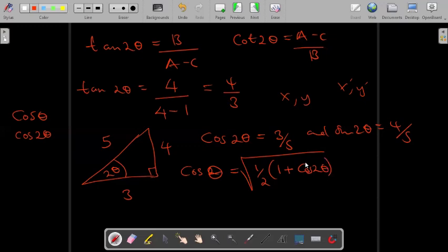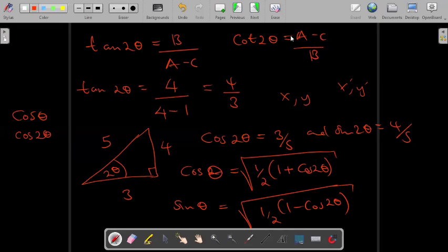And then to find sine theta, this is going to be root of half times 1 minus cos 2 theta. So these formulas are key to remember as we are doing this.